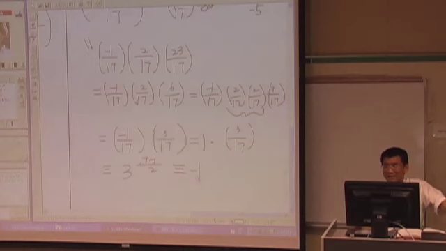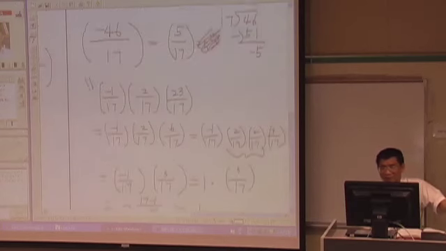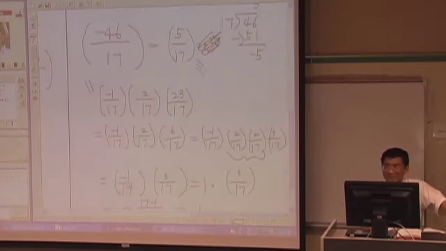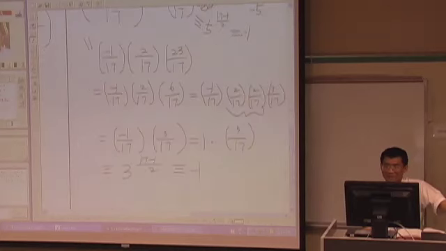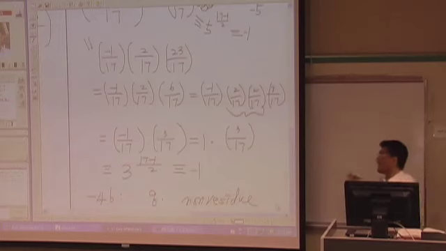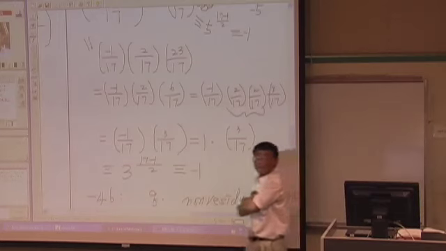Of course, it's not impossible to do it, but it's tedious. So because of this reason, negative 46 is a quadratic non-residue. Any questions?